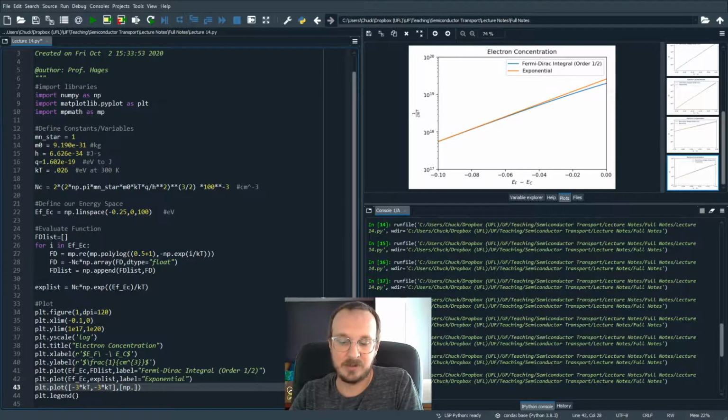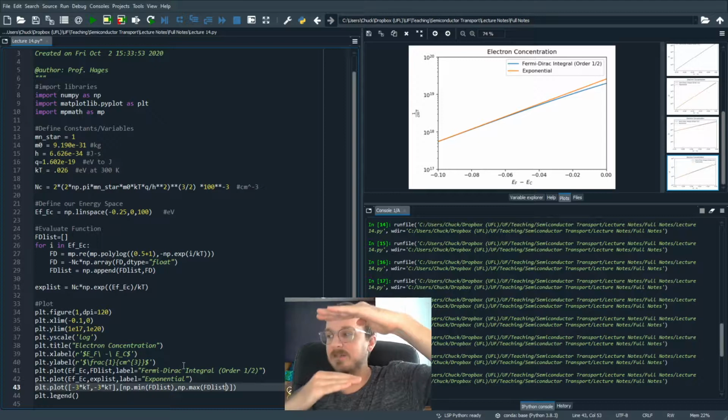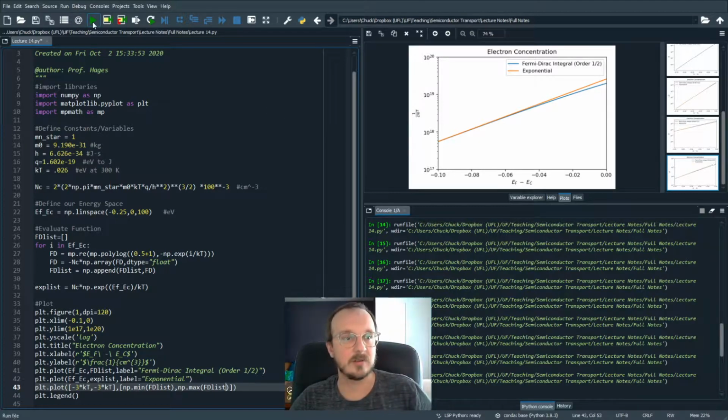So we'll say np.min of FD list. This will make sure that the values don't go too far outside of the range that's already plotted. And we'll say np.max of FD list. Okay, so it gives the min and max values of whatever shows up in this blue curve. And that'll be the min and max y values corresponding to these two x values.